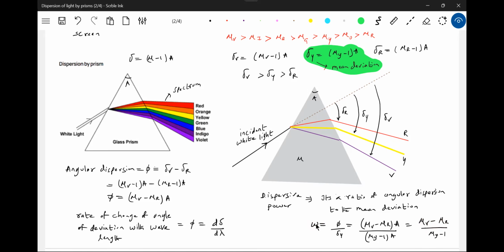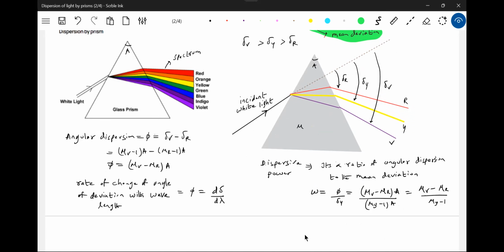So we can define it like dispersion per unit deviation. We can also write it as dispersion per unit deviation.